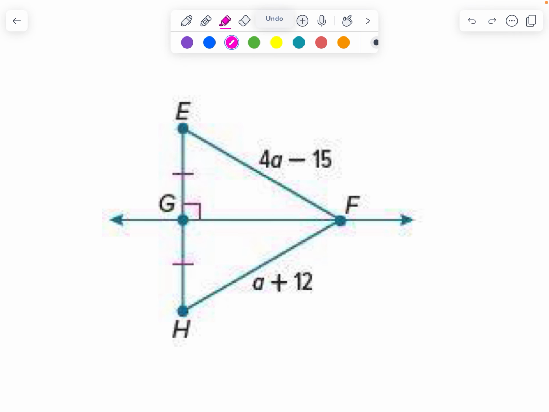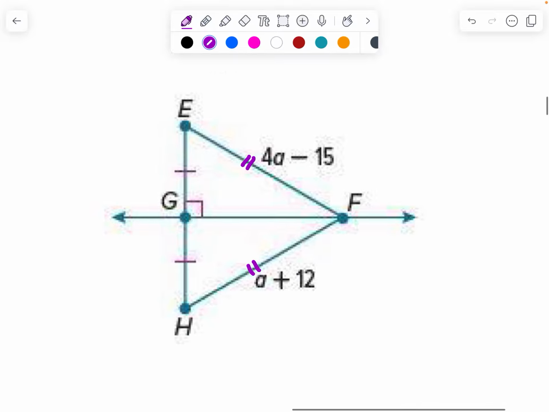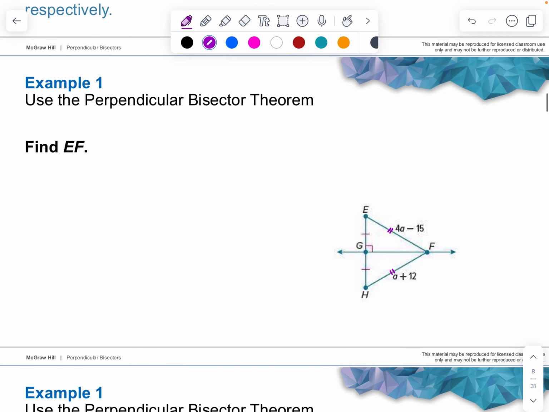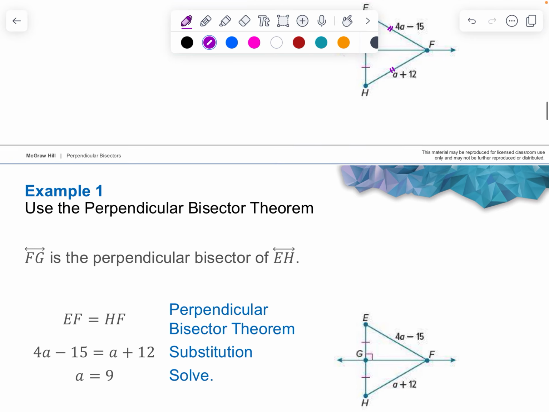So it is a perpendicular bisector, which means that EF and FH are equal by the perpendicular bisector theorem. All right, so our fill in the blanks down below tell us then that EF must be equal to HF. We can then set these values equal to each other. So there's your fill in the blank.